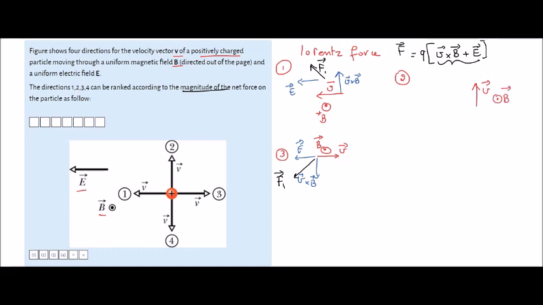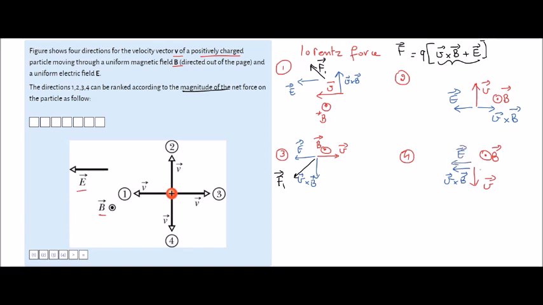Where is V cross B? To the right, and E is to the left. What about the last case, 4? V is downward, B out of the page. Where is V cross B? To the left, and E is to the left.